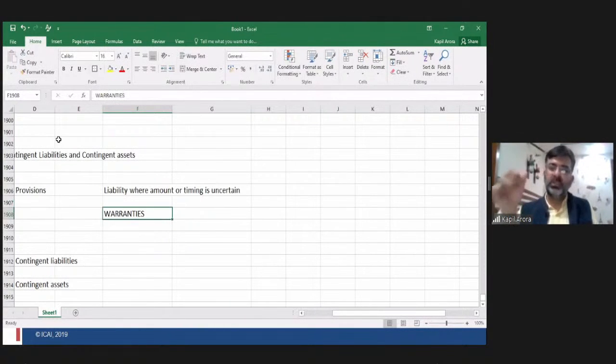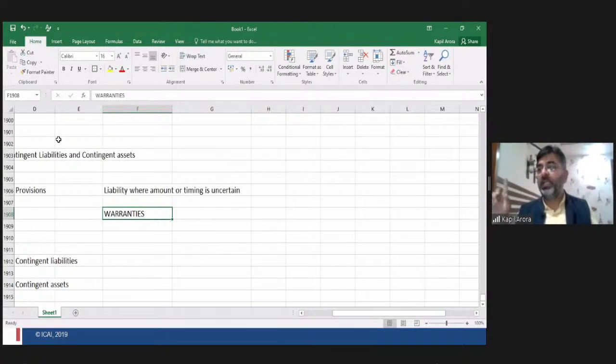You have sold your product, you have given a warranty along with your product. If the product goes wrong, you have to fix that product in the future, and that becomes your obligation. How many products? You don't know. When? You don't know. So amount and timing both are uncertain in this case.